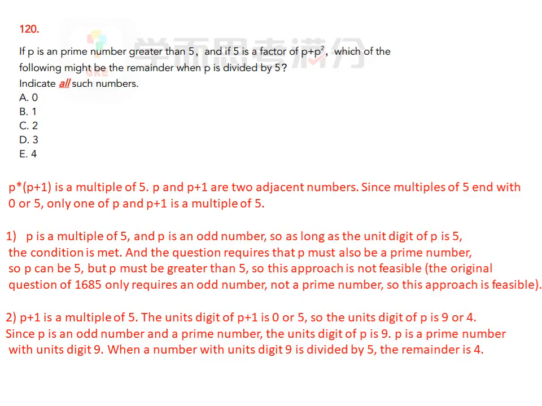So these are multiples of 5. So p is either 4 or 9. Since p is an odd number and a prime number, the unit digit of p is 9. So when a number with unit digit 9 is divided by 5, we get the remainder 4. So our answer will be option E, that is 4.